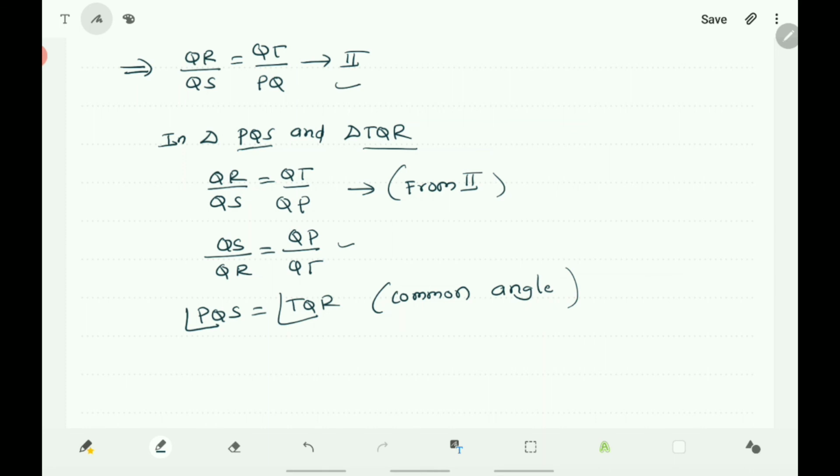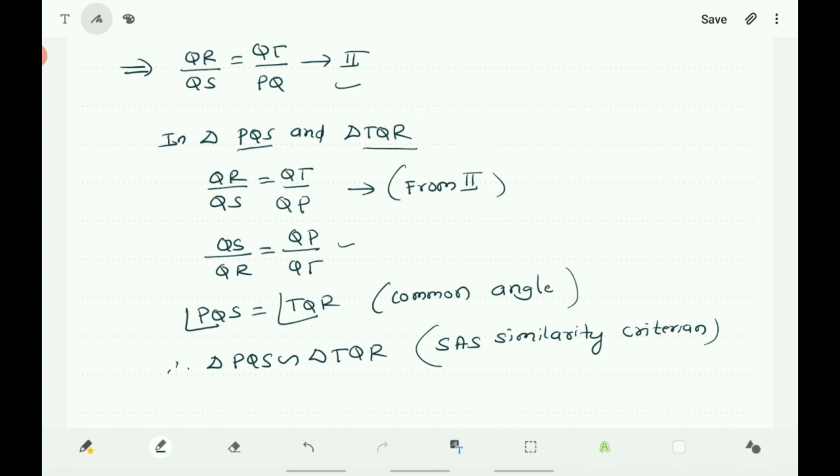So according to SAS similarity criterion, you can write, therefore, triangle PQS is similar to triangle TQR. The reason is SAS similarity criterion, that is two sides and the included angle of one triangle, and the two sides and included angle of the other triangle.